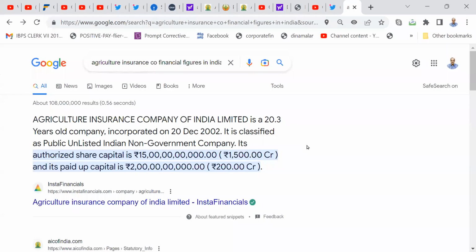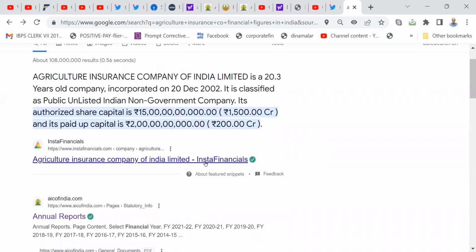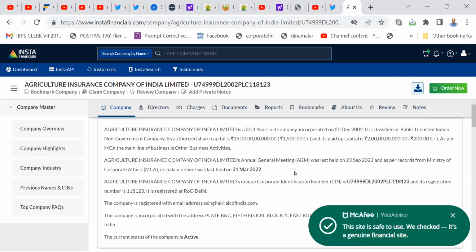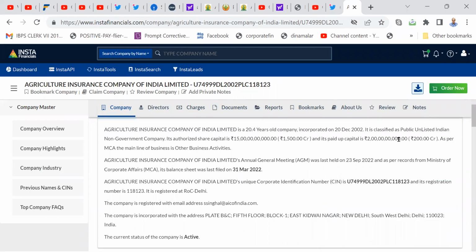See, this is what I showed. Some financial sites are telling about it. Agriculture Insurance Company is classified as a public unlisted Indian non-government company.